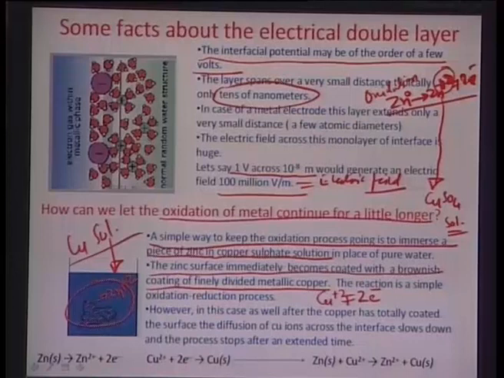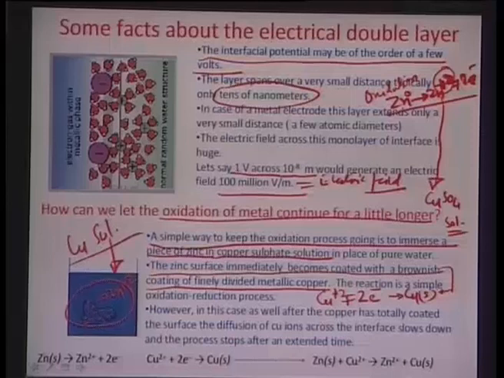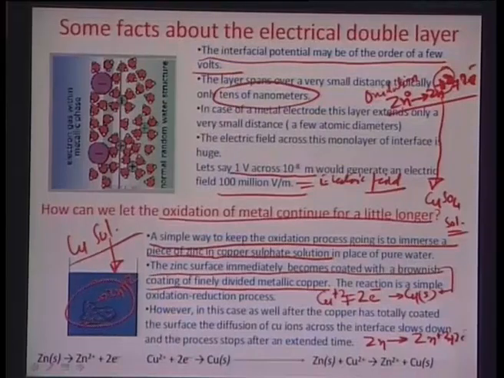So, copper goes from a copper plus 2 state into simple copper, maybe in the solid form. This is the brown deposit that we are talking about, right. And the zinc on the other hand gets converted into Zn plus 2 and leaves 2 electrons back in this surface, which is easily donated away to the copper ion to get converted into copper solid.